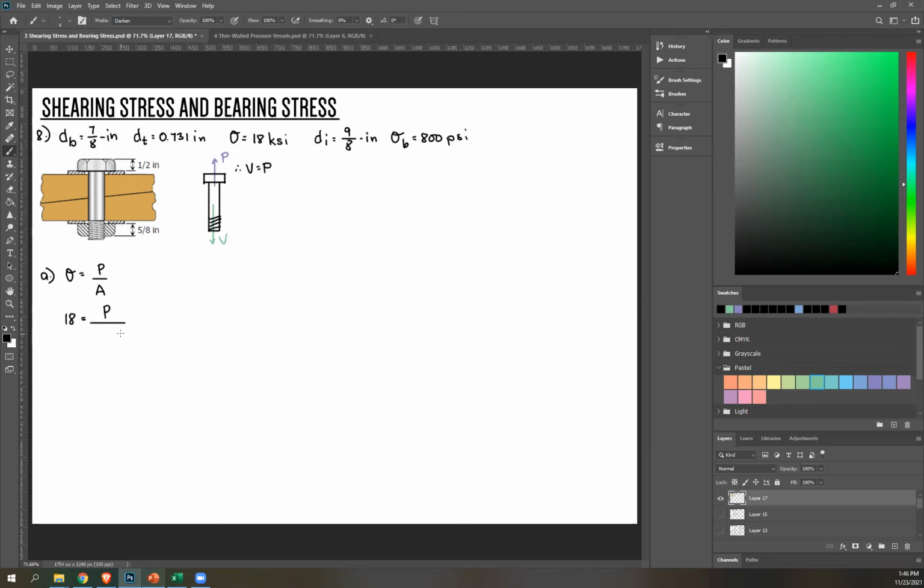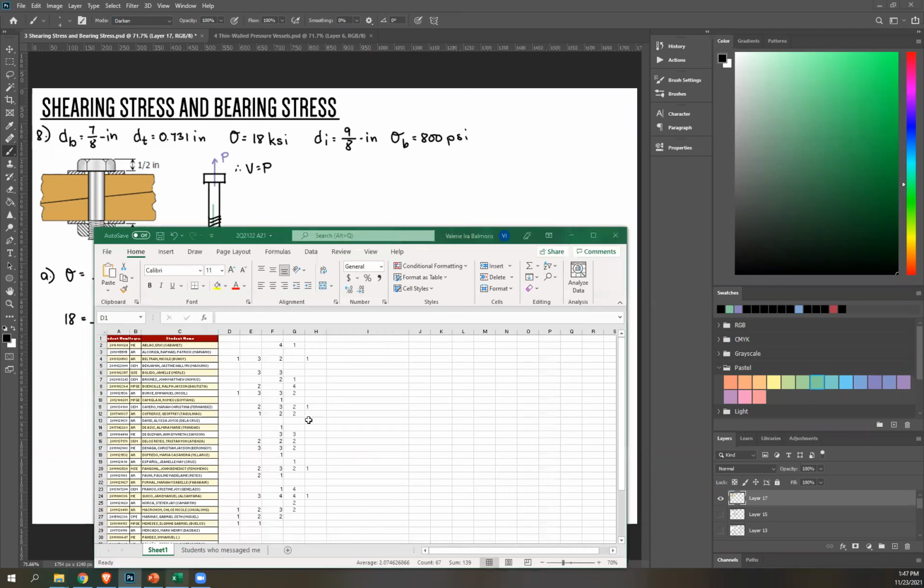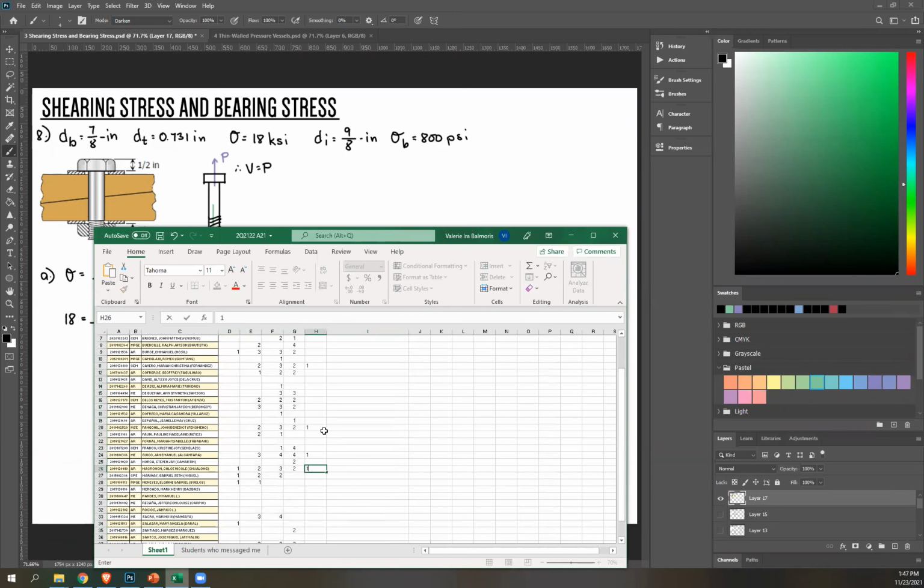And then all over area. Again, this is still normal stress, tensile stress. So can anybody give me the equation for area if we're just considering tensile stress on a bolt? Hey, very good. It's a circle.